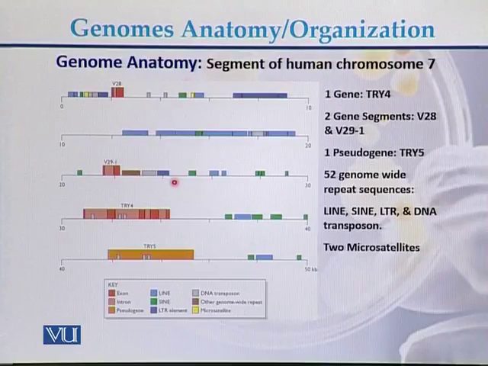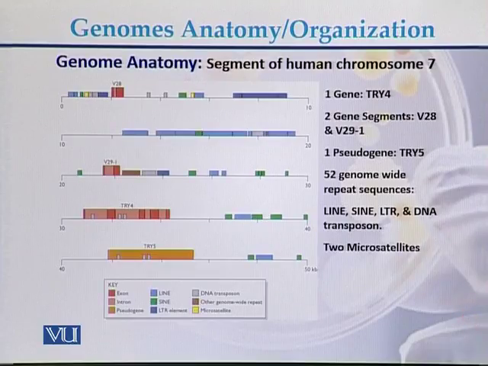In addition to all of the above, there are two microsatellites, marked with yellow color. Here is microsatellite 1 and here is microsatellite 2. This is just a small portion of human chromosome 7.